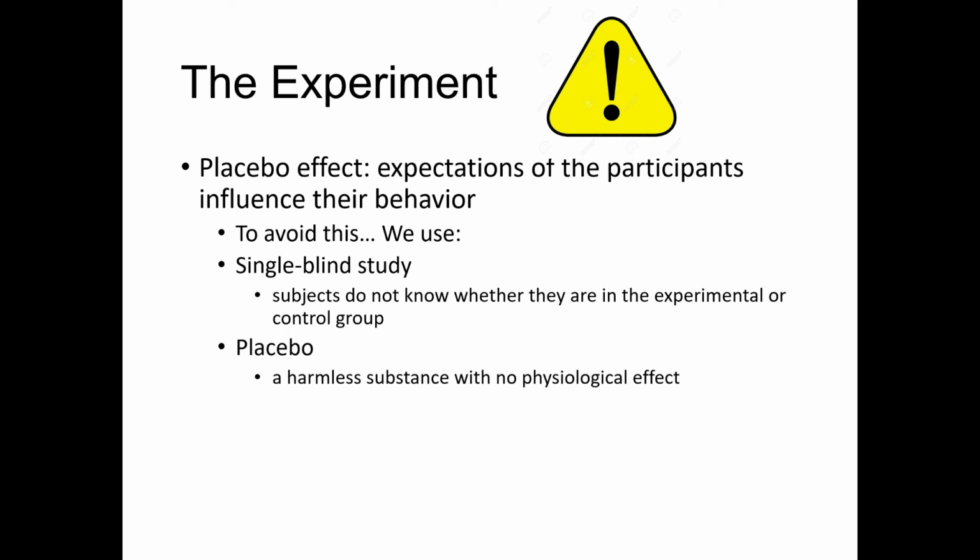Another way to minimize the placebo effect is to use a placebo, which literally means a harmless substance with no physiological effect. The use of a placebo is to mimic the experience of the experimental group, but without providing the actual effect.